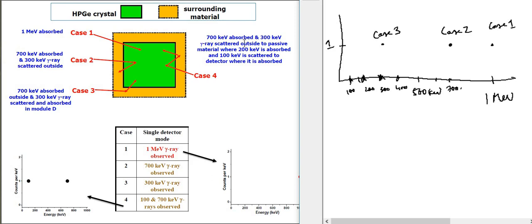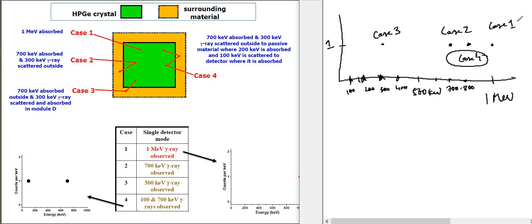And 300 kV gamma ray scattered outside over here, where 200 kV is absorbed and 100 kV scattered to the detector again, where it is finally absorbed. So how much is absorbed total? Total is 700 plus 100, 800, right? So at 800 kV over here, we will observe a count, and this is our case 4.